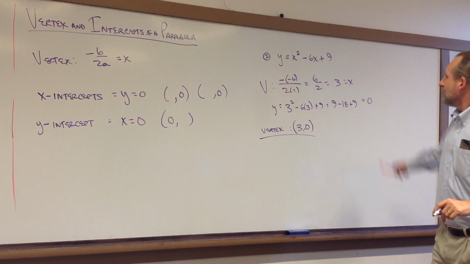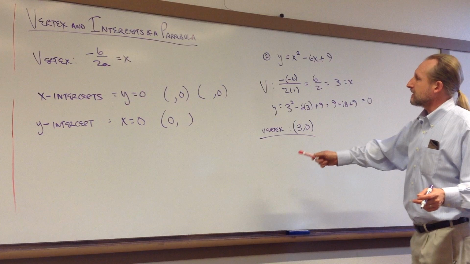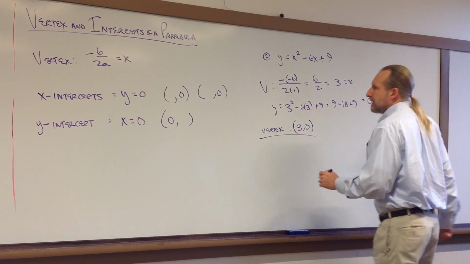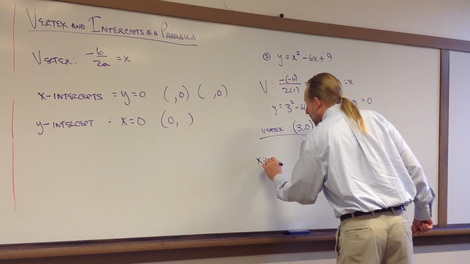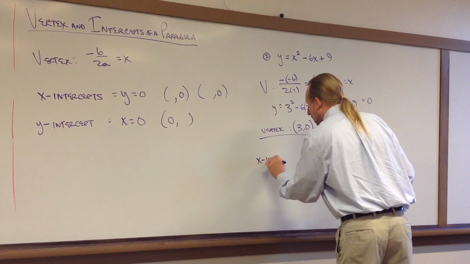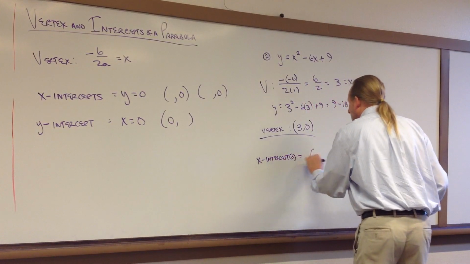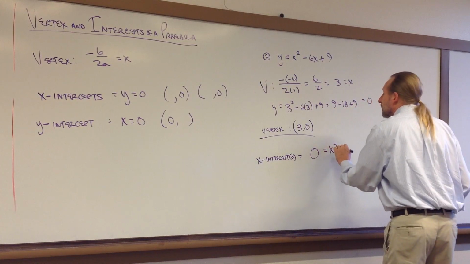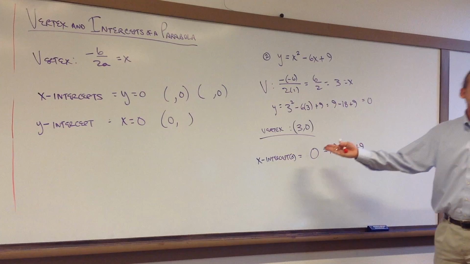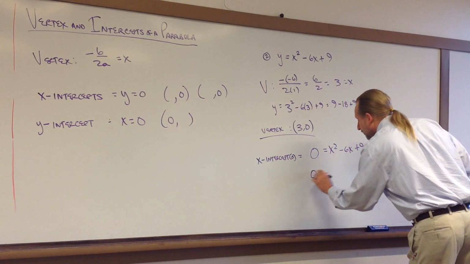Now, notice that this is also an x-intercept, because that's where y is equal to 0. So let's find the x-intercepts. That's where y equals 0, so make y 0, and now we just need to solve this equation. Here you've got a couple choices. This is factorable.